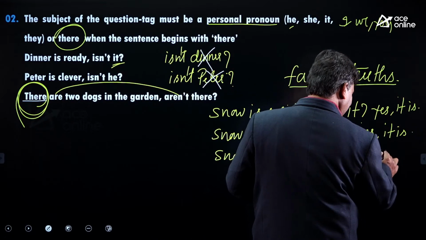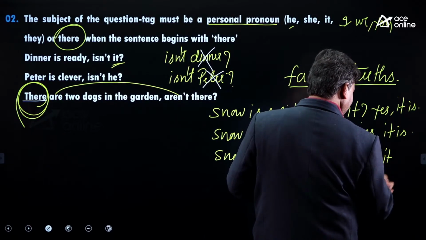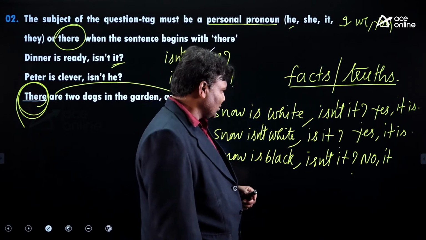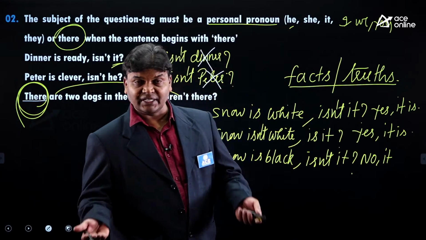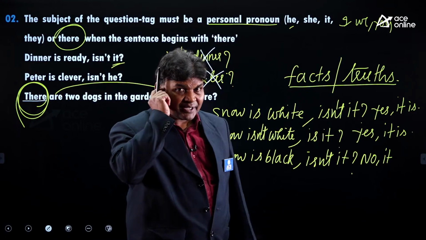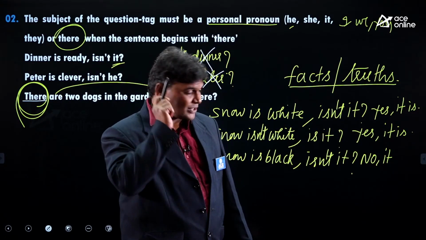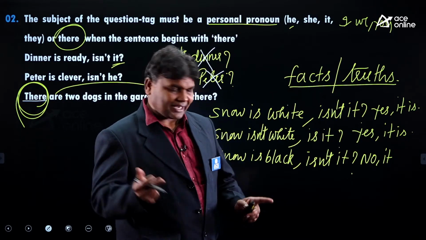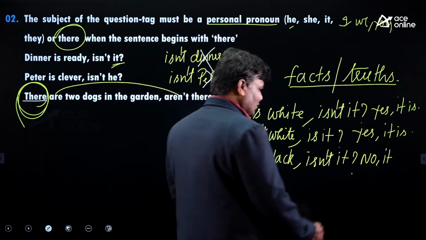No, it isn't. Can we say no, it is? No. No, it is means it is black. Snow is black, isn't it? No, it isn't.